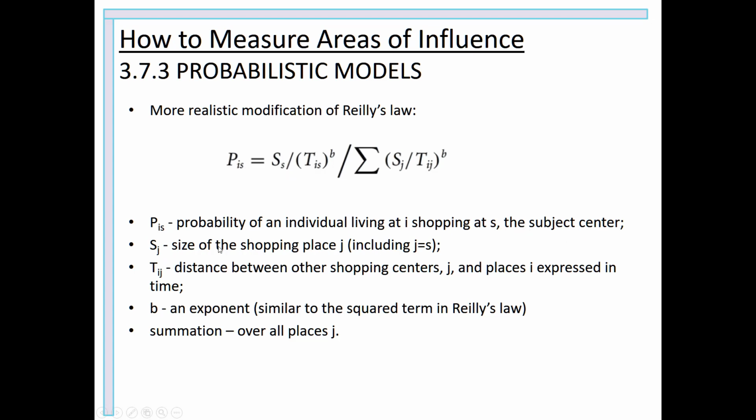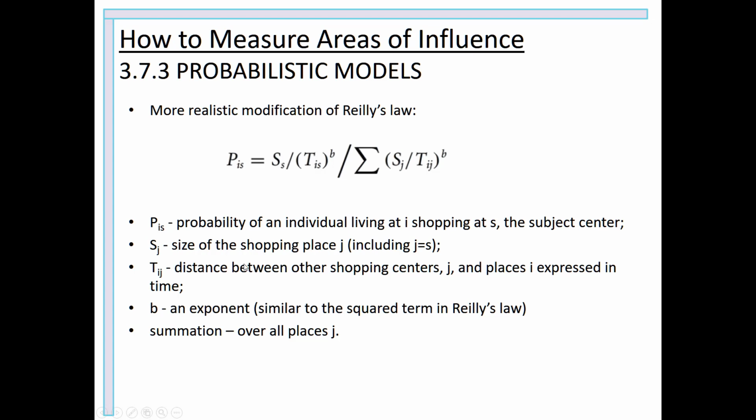Sj will be the size of the shopping place J, that can also be S, and Tij will be the distance between the shopping center J and place I, expressed in time, and B is an exponent, which could be, for instance, squared, as in Reilly's law. And this symbol here, if you are not used to it, is the summation over the places J.